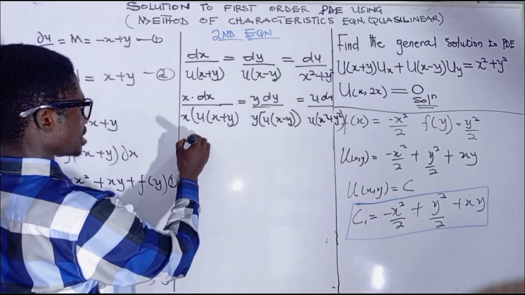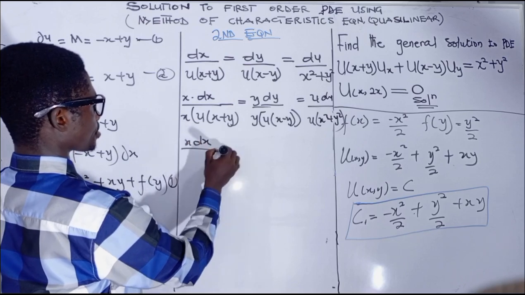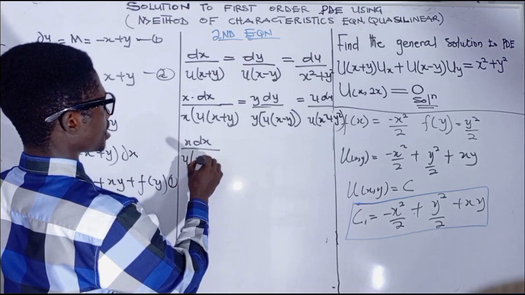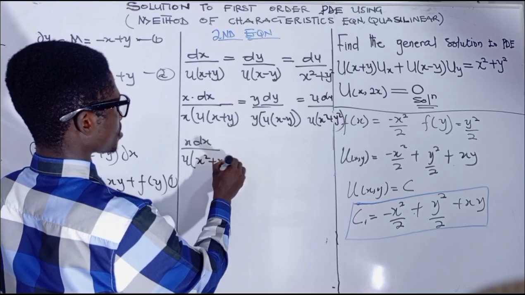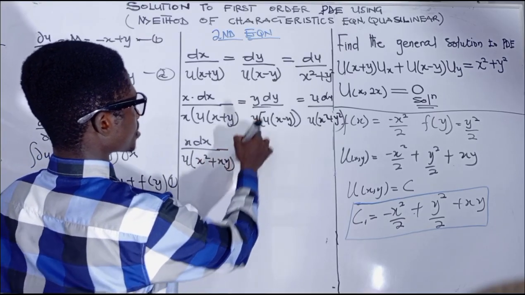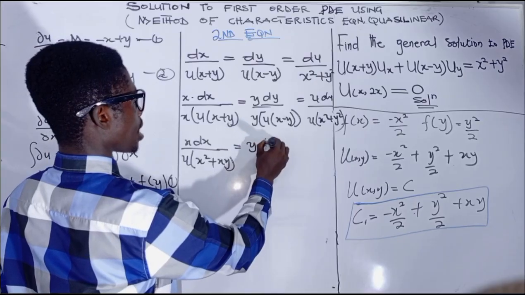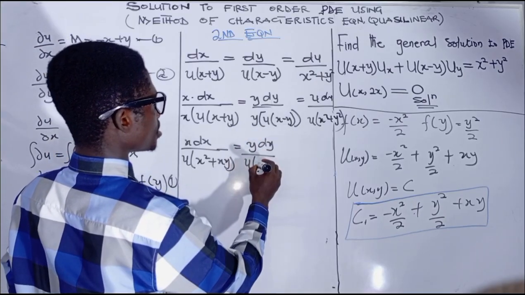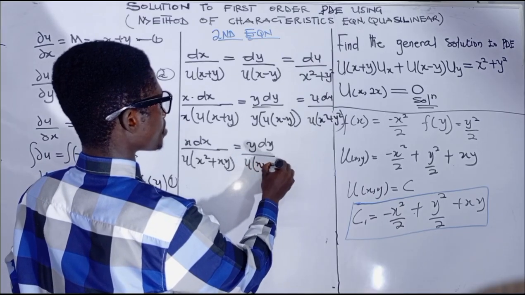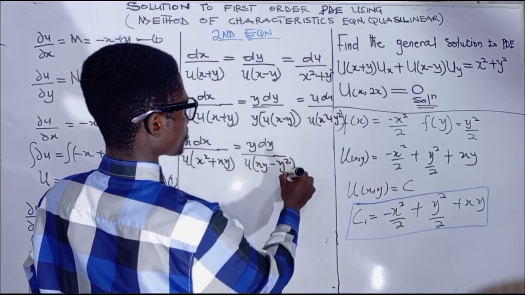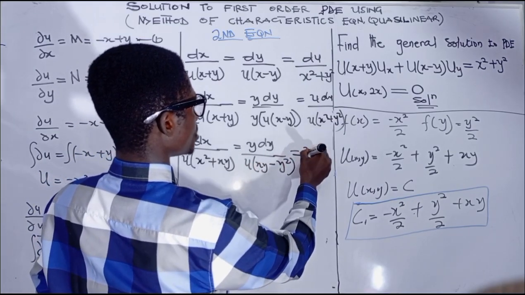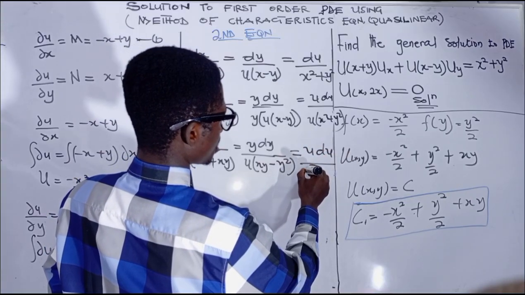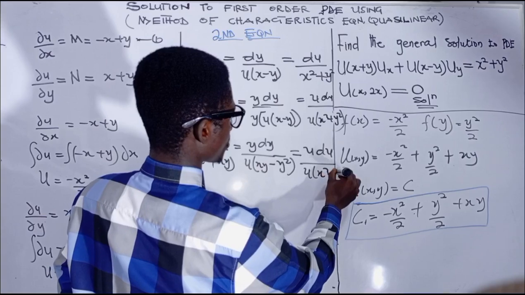So from here, we are going to get x dx all over, let's bring u out, so that we are going to get x squared plus yx. And then here we are also going to get y dy all over, let's bring u out, so that we are going to get xy minus y squared. And then we are also going to get u du all over u and then x squared plus y squared.